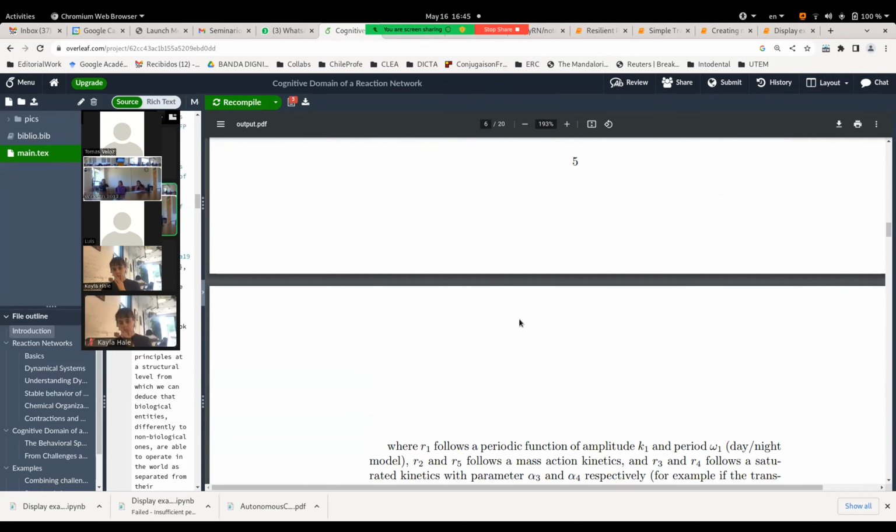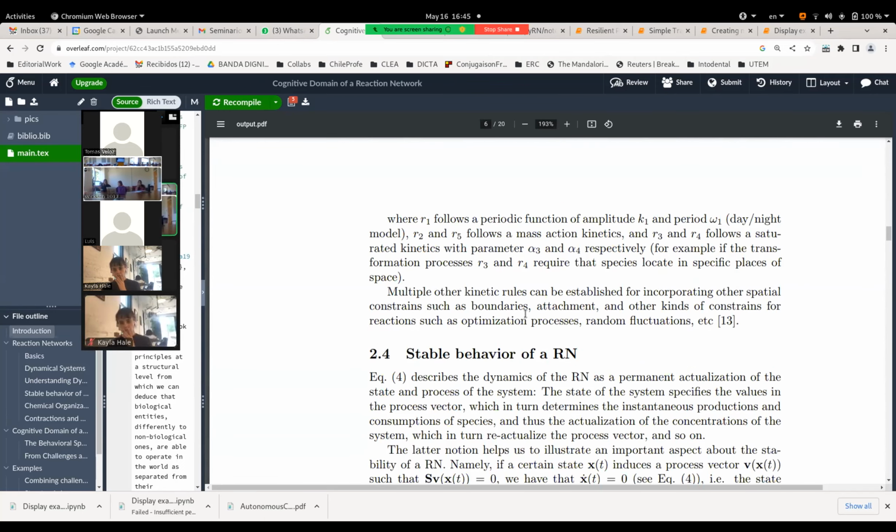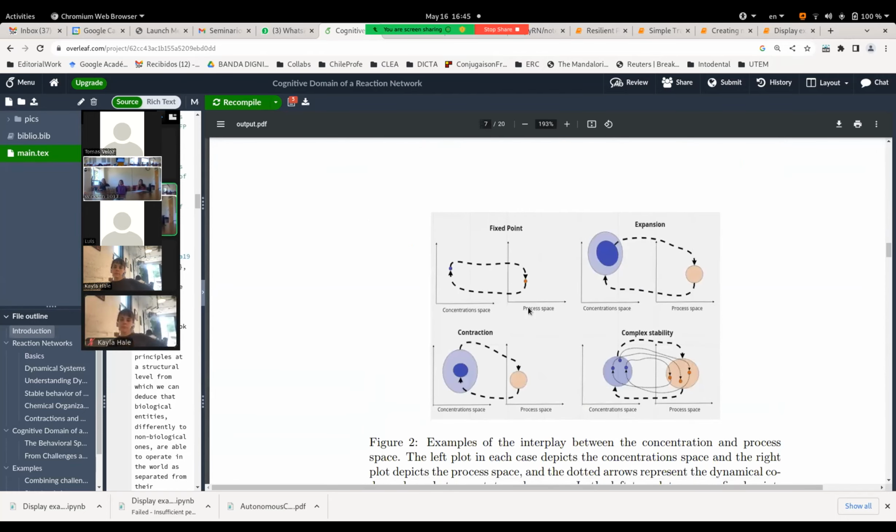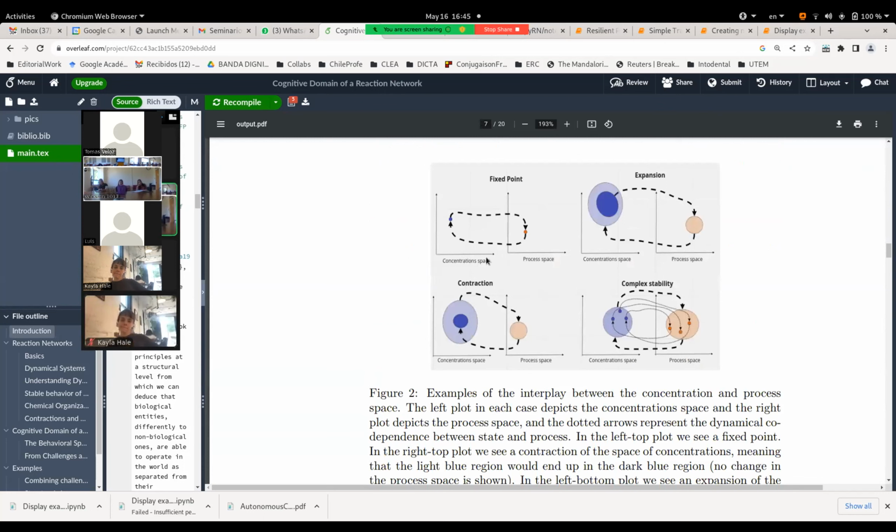That's why we prefer to move to a different domain of thought, which is the phase space. That's why I want to show this picture first: we have the concentration space on the one hand, and on the other hand, the process space. As I showed before, the flux vector, the process, will be determined by the kinetic parameters and the concentrations in the system.